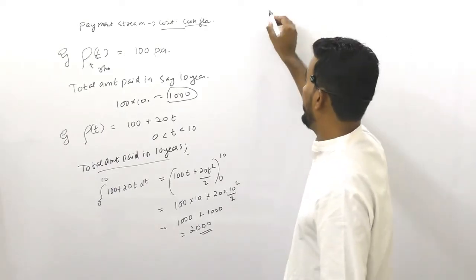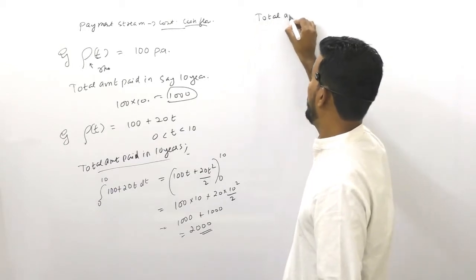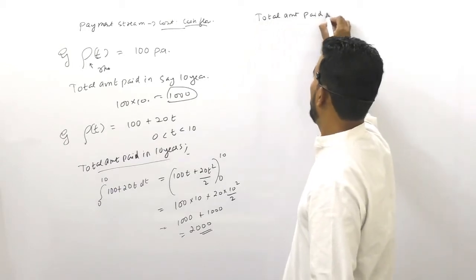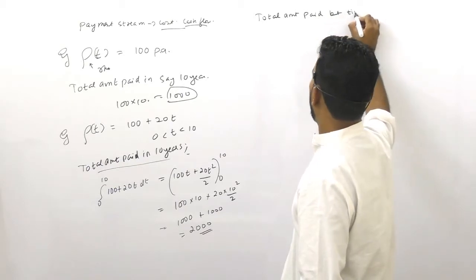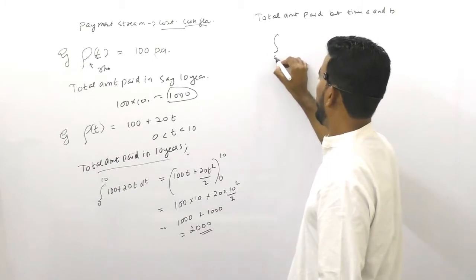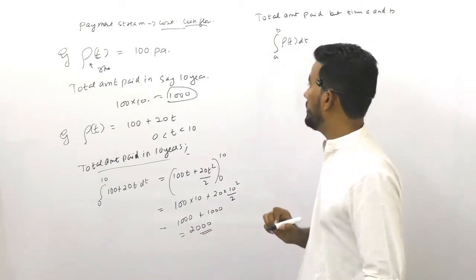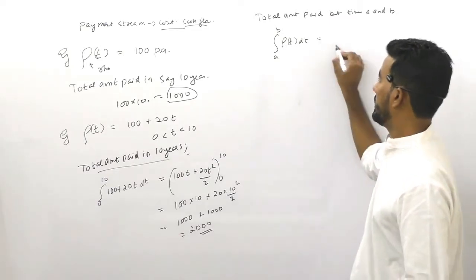First of all, let me write this in a standard format. If you want to find the total amount paid between time A and B, you integrate from point A to point B the given payment stream with respect to time dt. This will give you the answer.